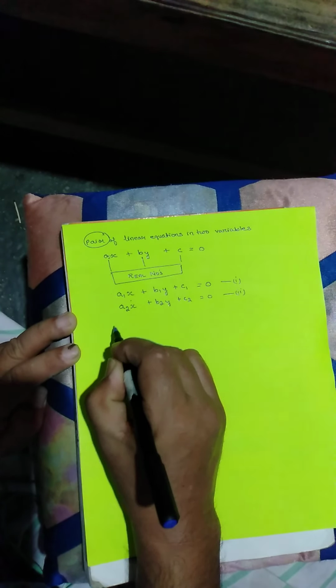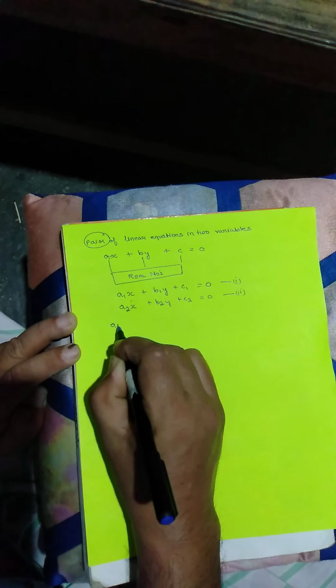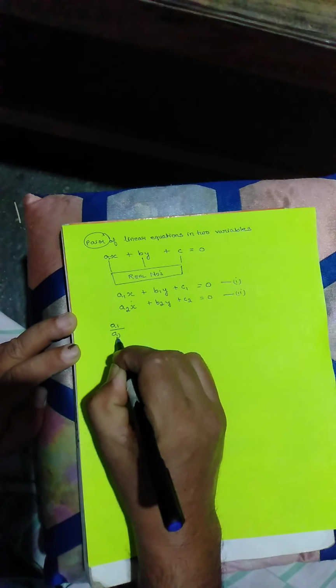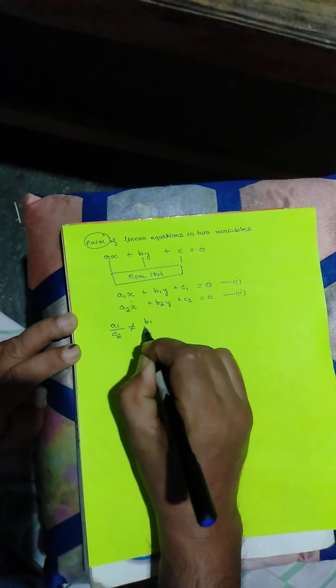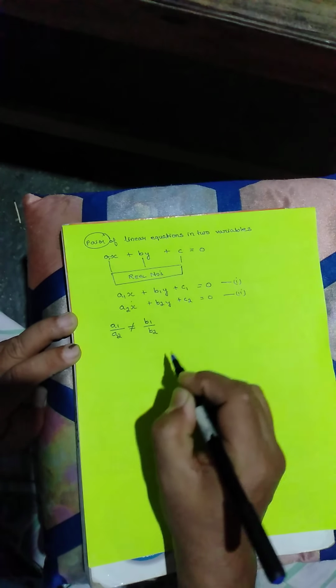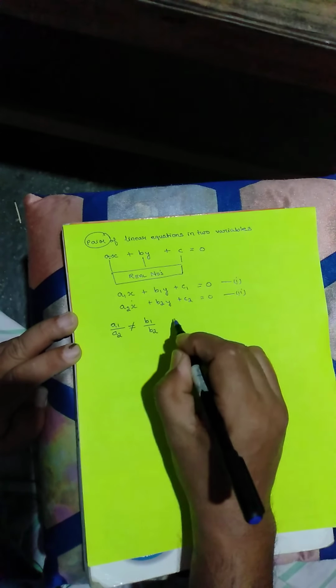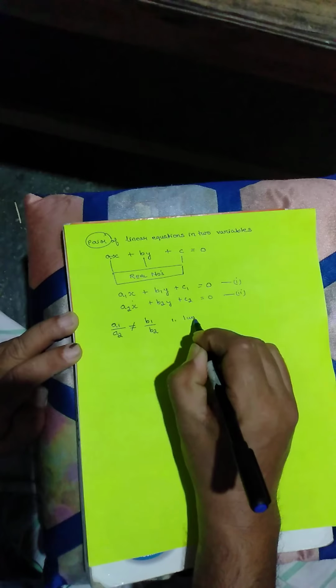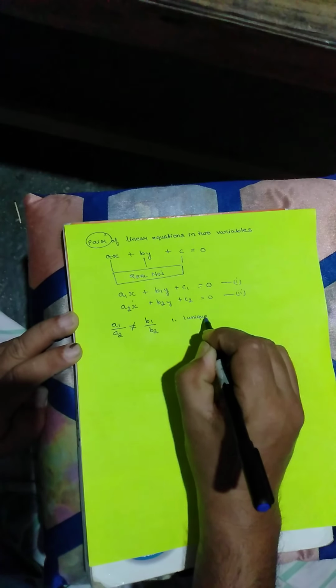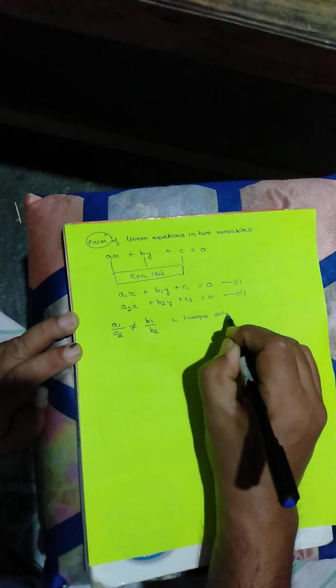So these are your results. If you have a1 upon a2 not equal to b1 upon b2, this simply means that, number one, you will have one unique solution.